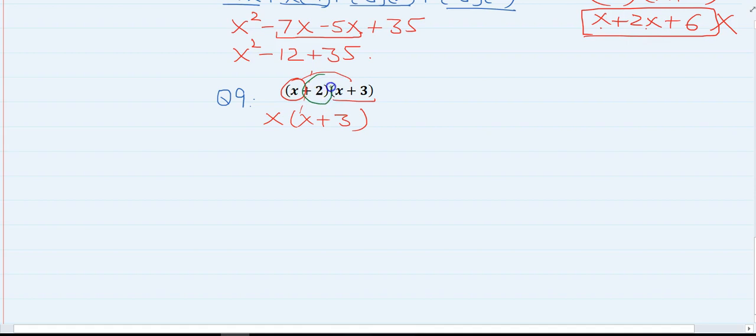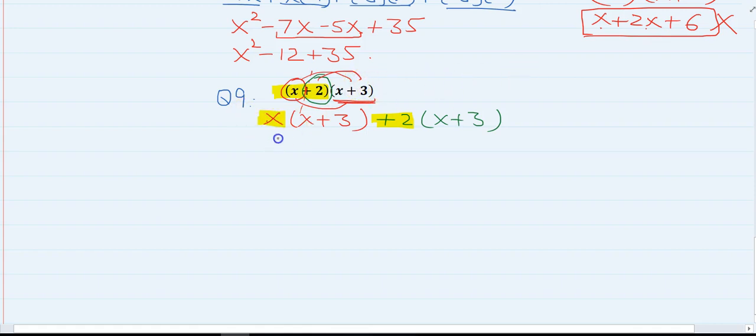Then we have this plus 2 and we are going to multiply it by x plus 3. You can see that this x plus 2, we have divided it into x and plus 2. And we are multiplying it by x plus 3. x is being multiplied by x plus 3 and plus 2 is also multiplied by x plus 3.